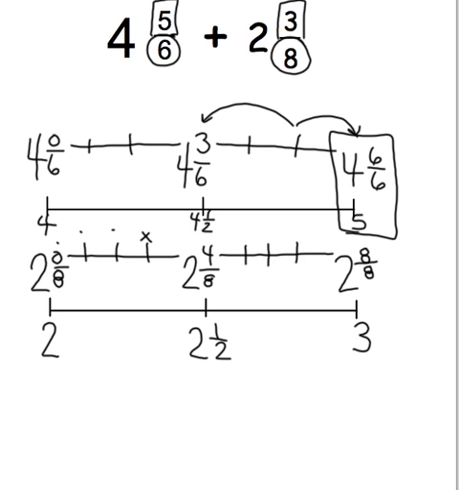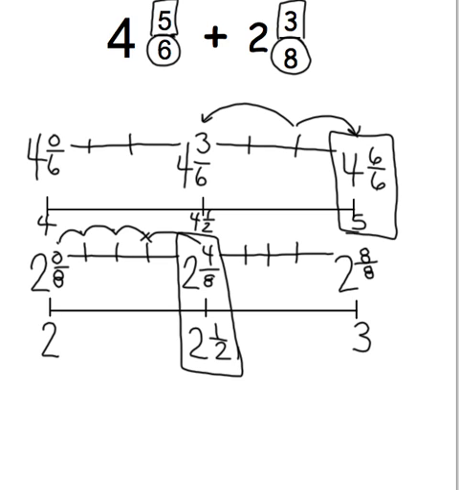Since 3/8 is 1, 2, 3 numbers away from 0/8, and only 1 number away from 4/8, we know that 2 and 3/8 estimated would be closer to 2 and 4/8, or its equivalent form of 2 and 1/2.